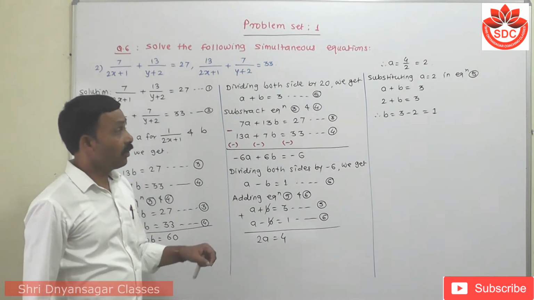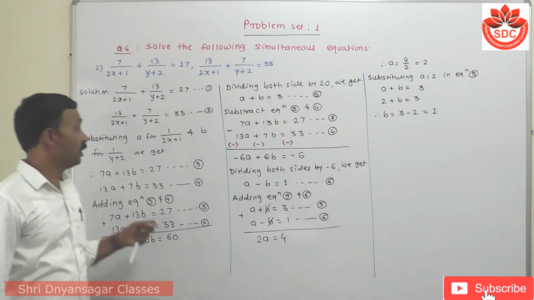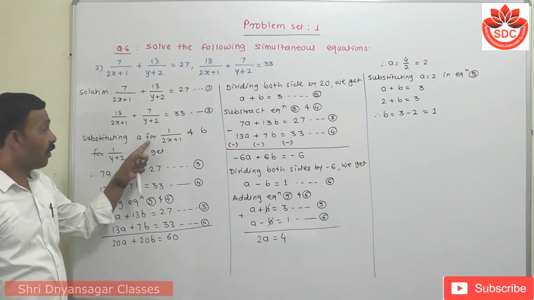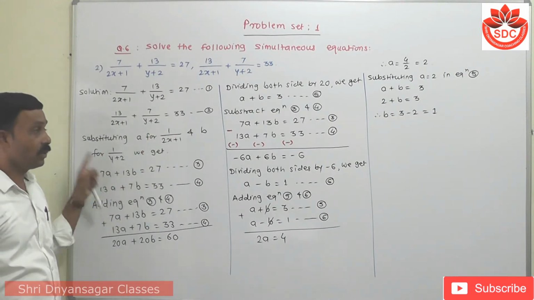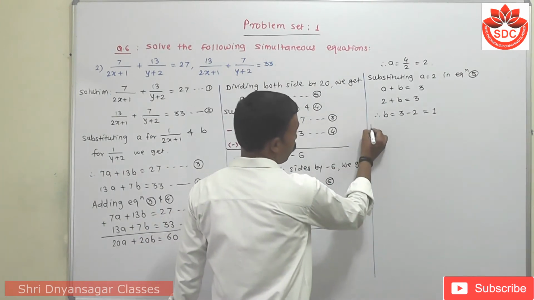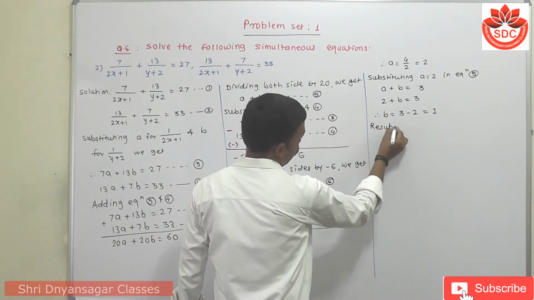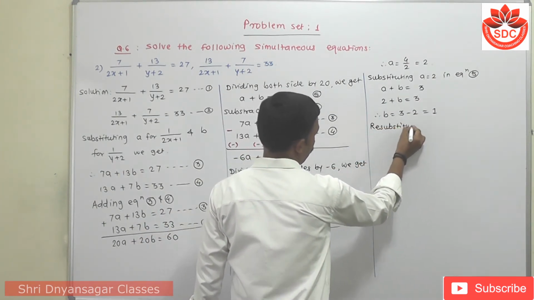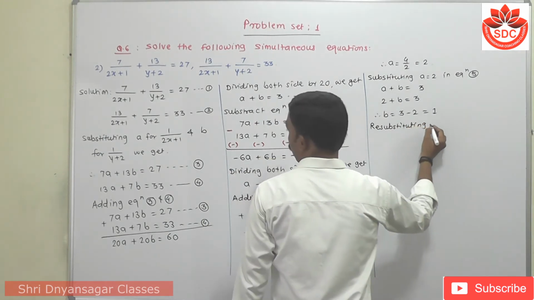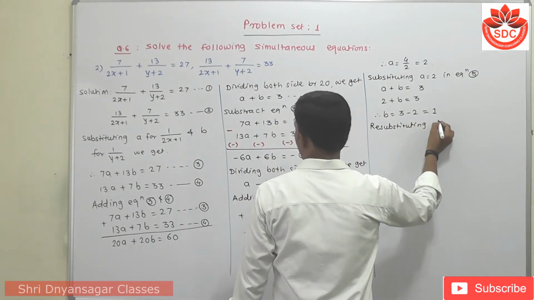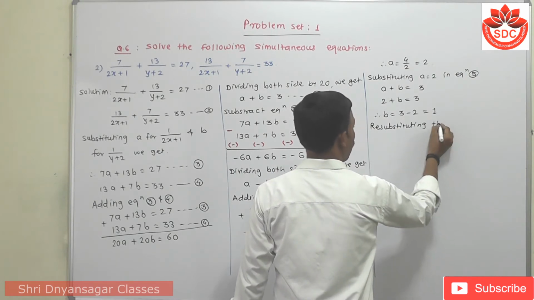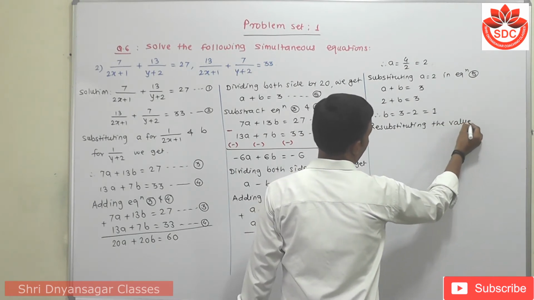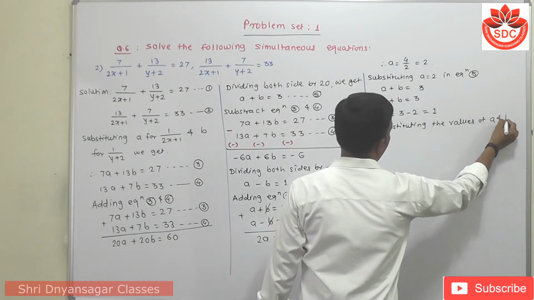Now we have to resubstitute these values, because a is for 1 upon 2x plus 1 and b is for 1 upon y plus 2. So I have to write here resubstituting the values of a and b.